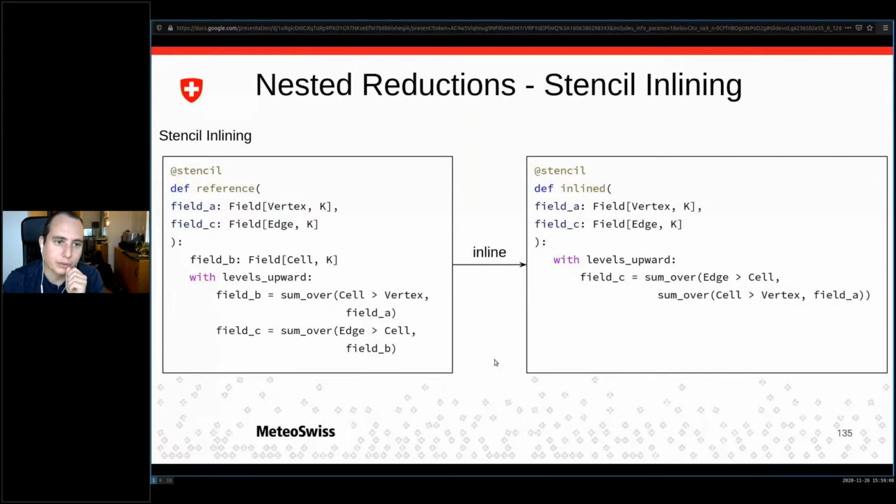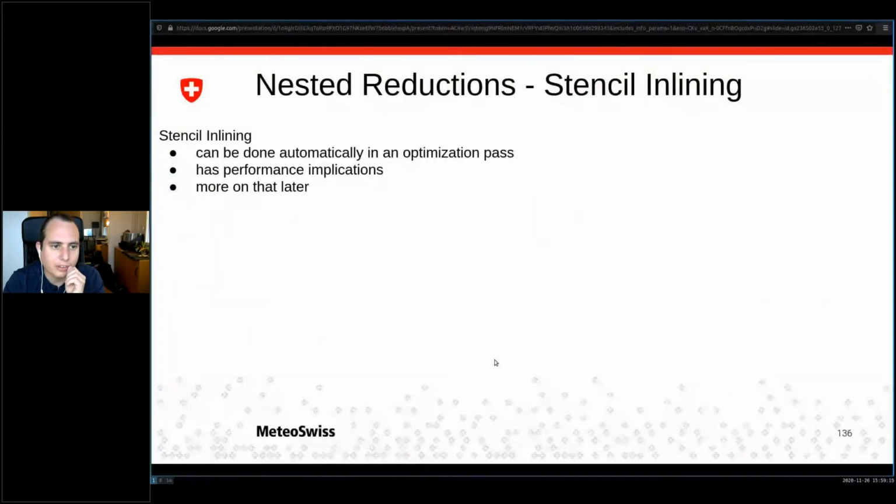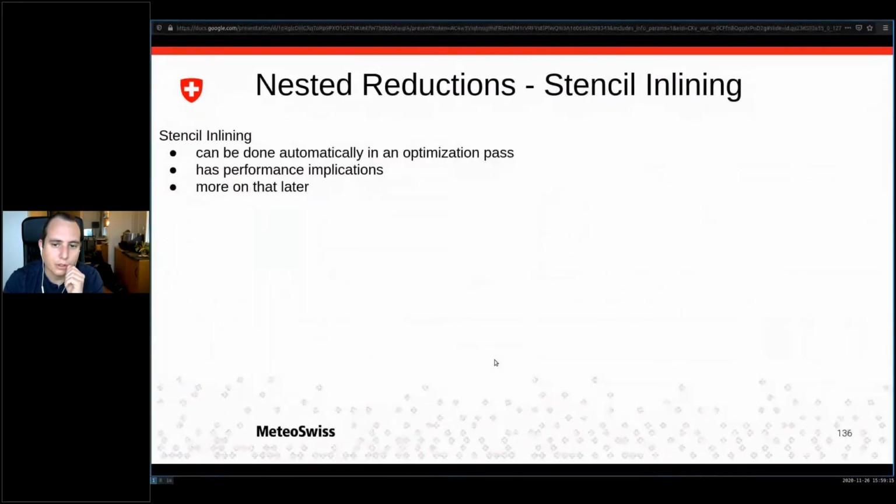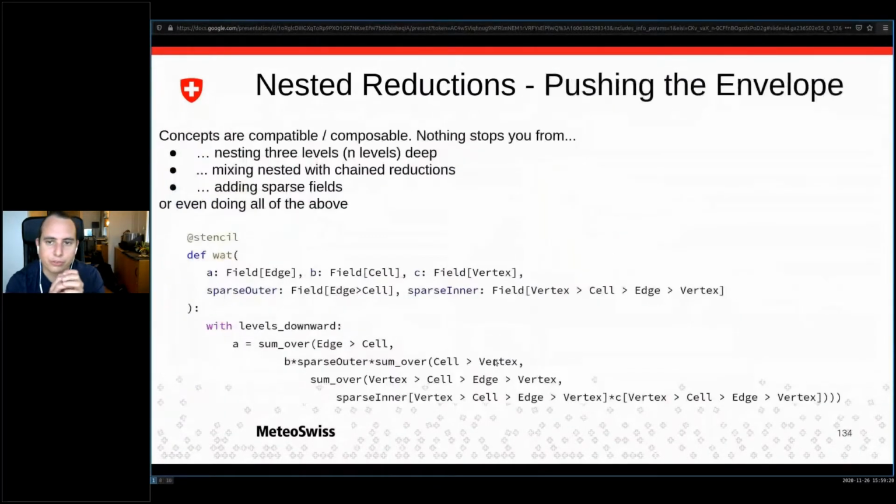Another topic, well, actually the same topic, just like the reason why stencil inlining might be useful. I think the slides were slightly ordered wrong here. So this is again about stencil inlining.